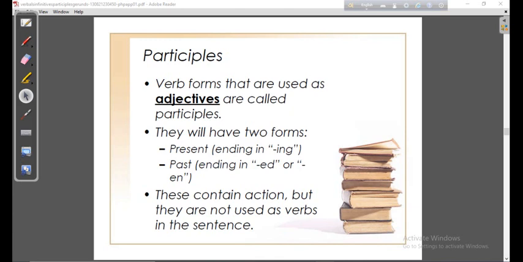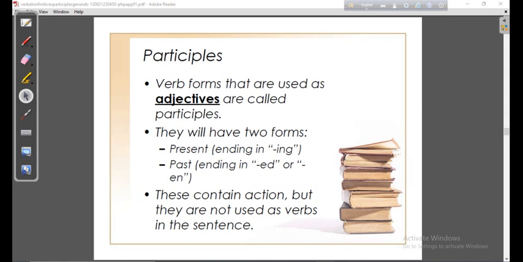In other words, if verb forms act like an adjective, then they are called participles. They contain action, but they are not used as verbs in a sentence. Rather, they are used as adjectives.